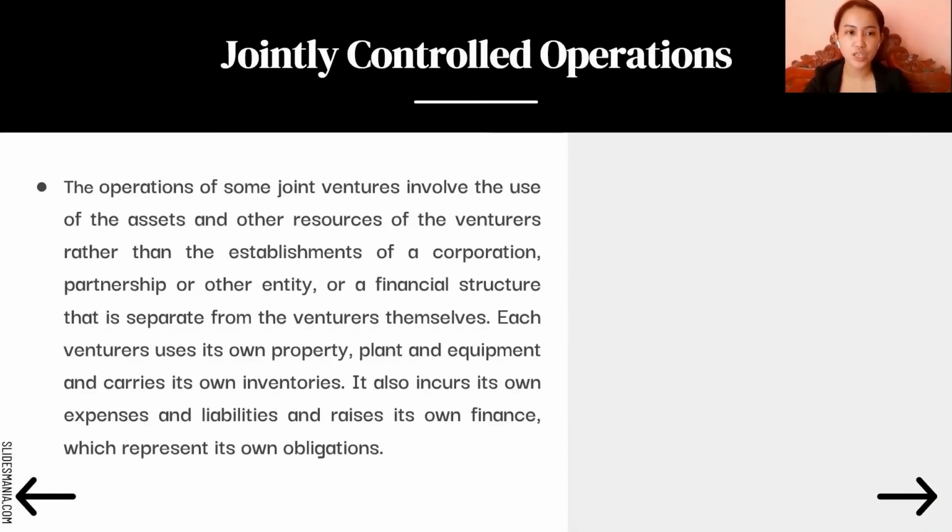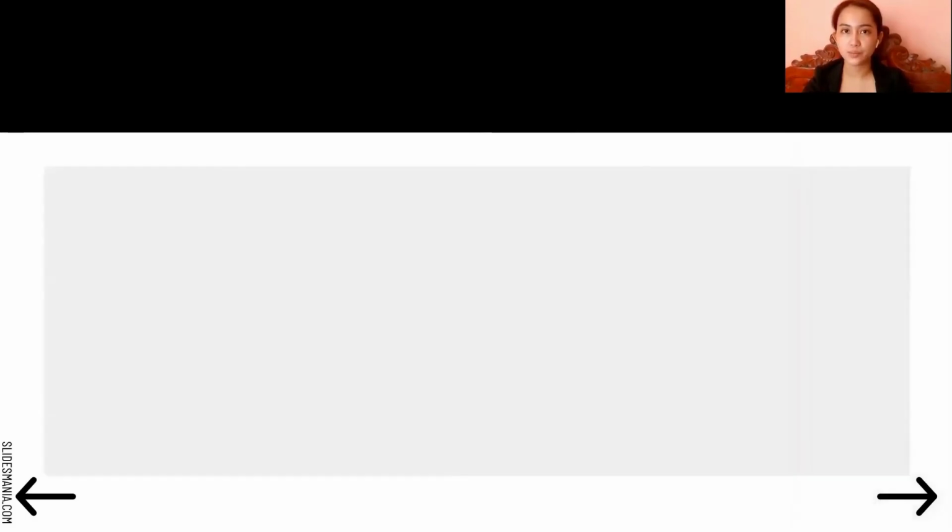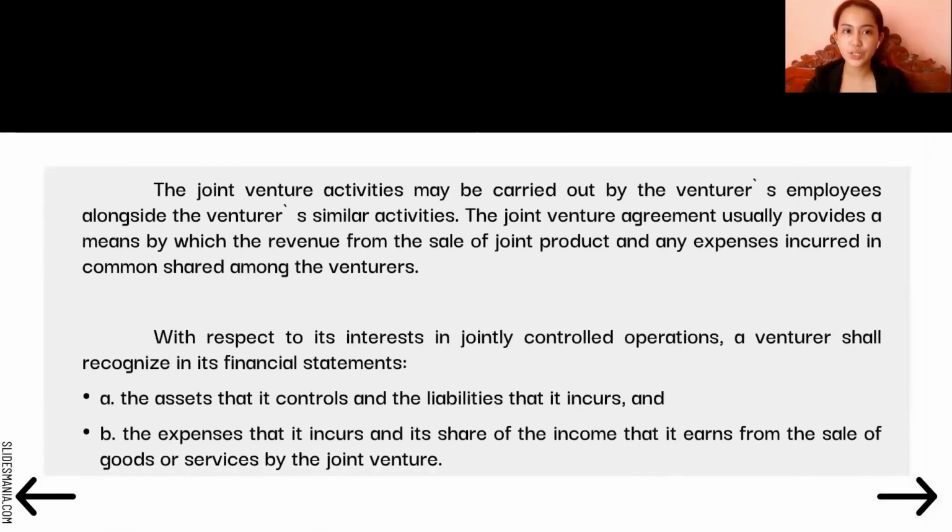Each venturer uses its own property, plant, and equipment and carries its own inventories. It also incurs its own expenses and liabilities and raises its own finance, which represents its own obligations. The joint venture activities may be carried out by the venturer's employees alongside the venturer's similar activities.